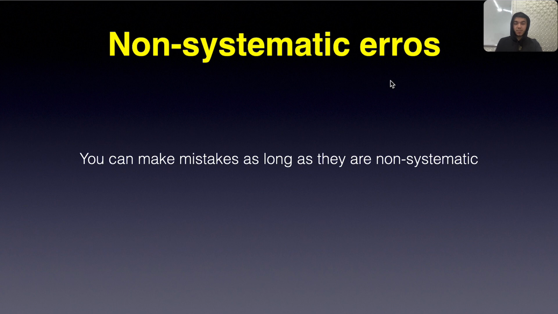It's a non-systematic error. You made one small mistake. It was either a typo or a slip, but then you didn't repeat that mistake. The problem with low-level candidates is that they often make systematic errors. They repeat their mistakes over and over again. So make sure you don't do that.